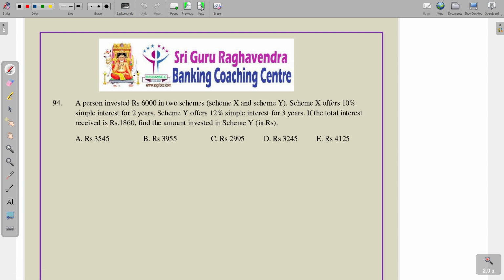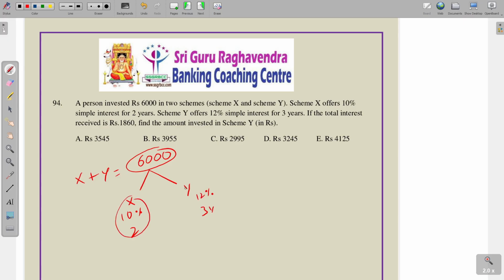A person invested 6,000 in schemes x and y. Invested x, invested y. For example, in that offer, 10% for 2 years, and in the other 12% for 3 years.